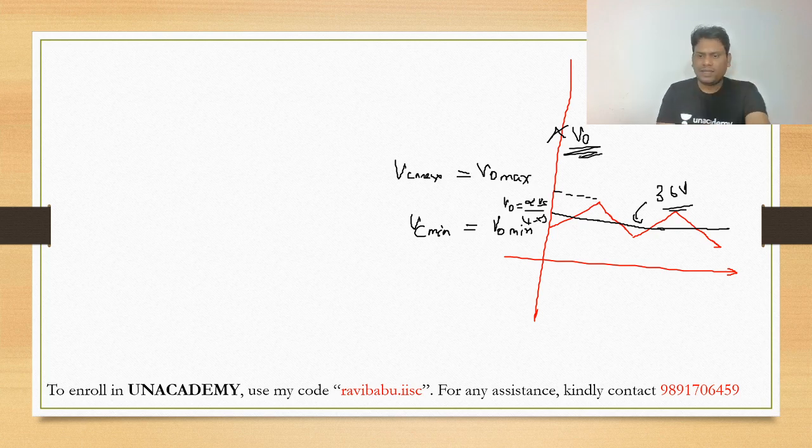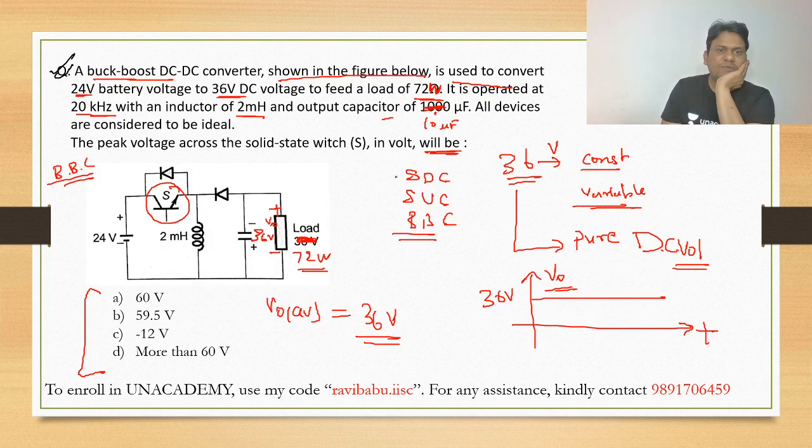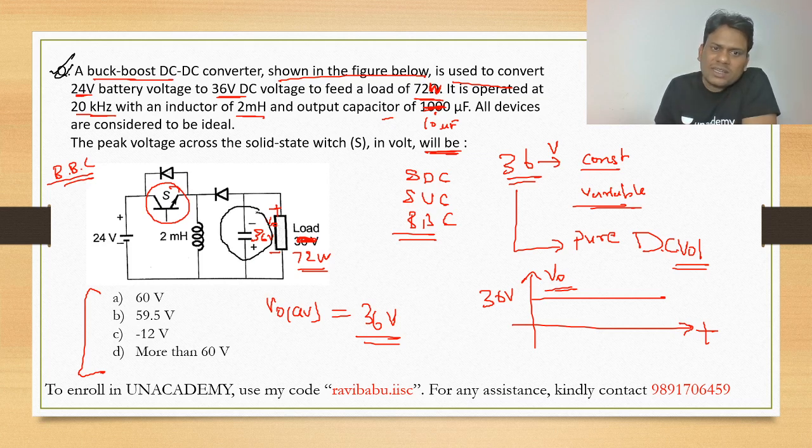Now dear, if output voltage is 36 volt and supply voltage is 24 volt, then what can be the maximum voltage across this switch? Dear, due to this capacitor, a ripple will be controlled but will not be zero. Doesn't matter what is the value of this capacitance, 1000 microfarad or 10 microfarad.